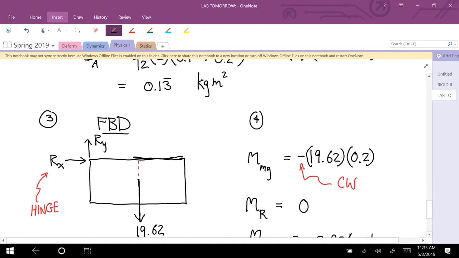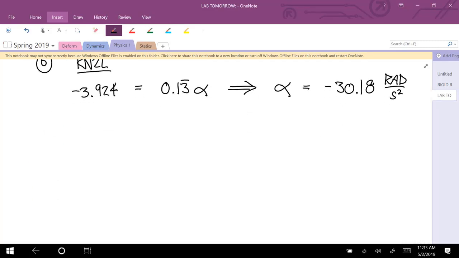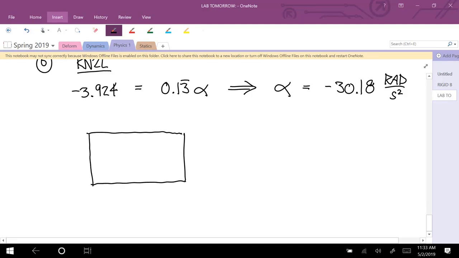Okay, so now we have the angular acceleration, and now we want to calculate the acceleration of this point as it rotates around this.